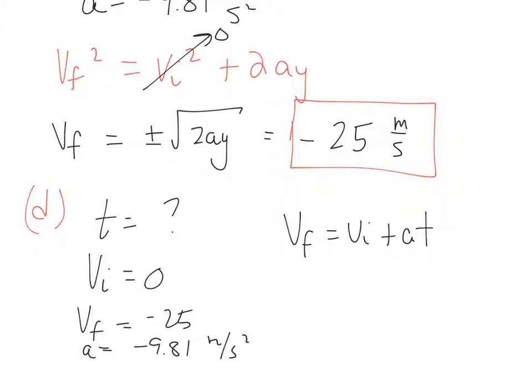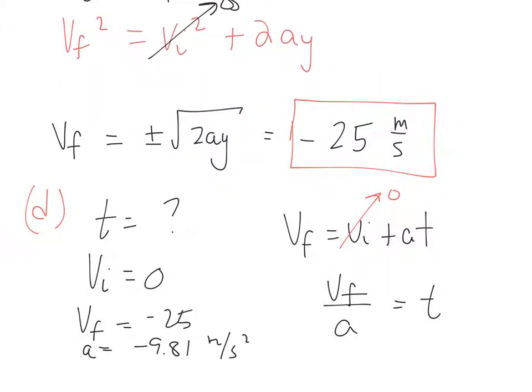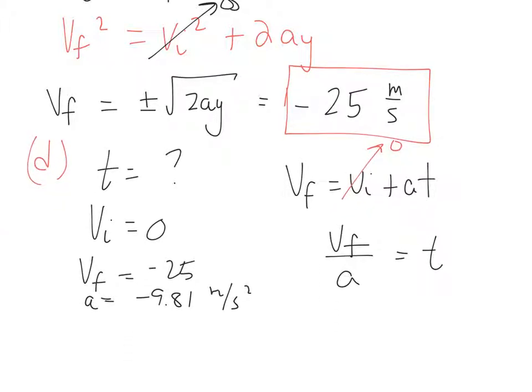Vi is 0. To get time, it's again Vf over A. This gives me negative 25 over negative 9.81, which again is the same answer as before, 2.55.